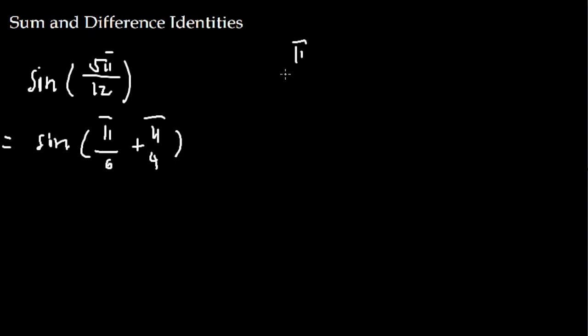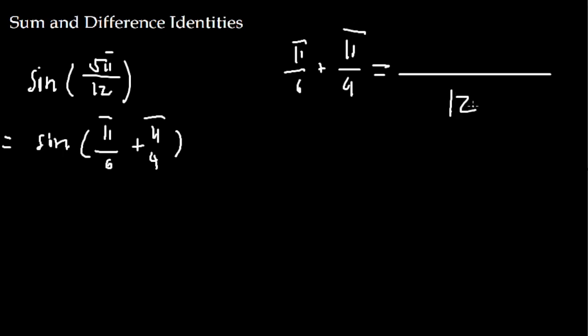Kasi, let's see, pi over 6 plus pi over 4. You can skip this if you want. Kunin natin yung LCD. Ang LCD ng 6 and 4 is 12. Then divide. 12 divided by 6 is 2, times pi is 2 pi.